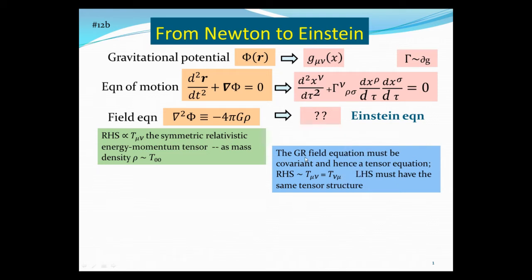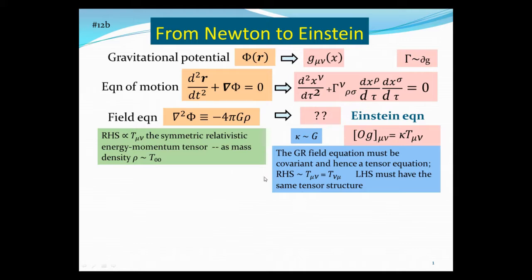Because we want the field equation to be covariant, it has to be a tensor equation, so the left-hand side must have the same tensor structure. The right-hand side is the energy momentum tensor, and kappa is a proportionality constant. We expect it to be proportional to Newton's constant.